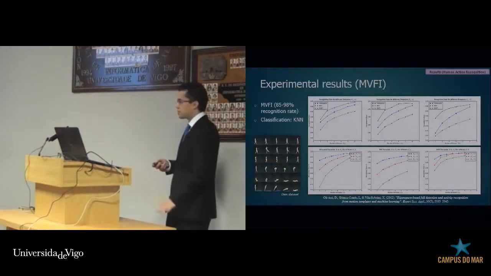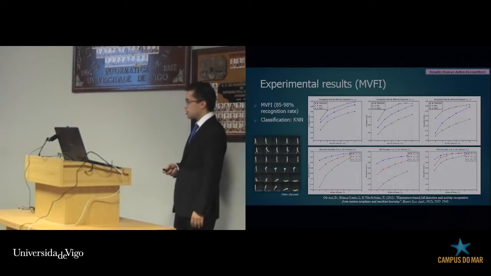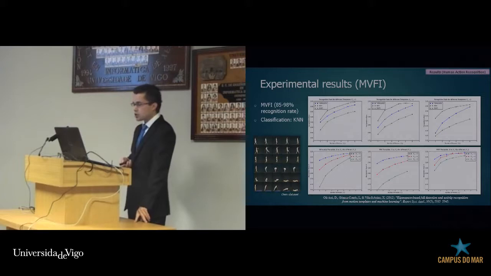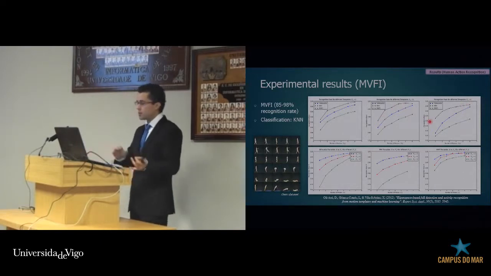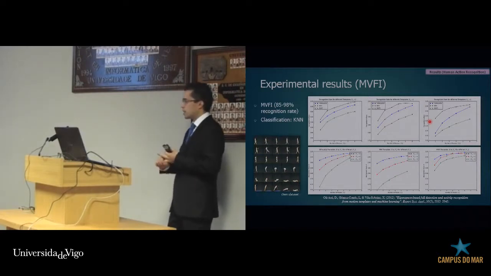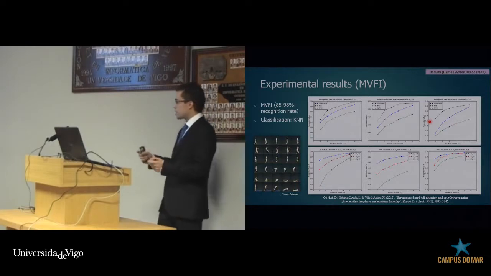So these are the first experimental results that we obtained. With this dataset, you can see in the first three figures that in black you have MBFI. We are comparing MBFI with motion history images and with frame difference, and then we calculate the recognition rate only in this new space using a simple distance metric like KNN, K nearest neighbor.